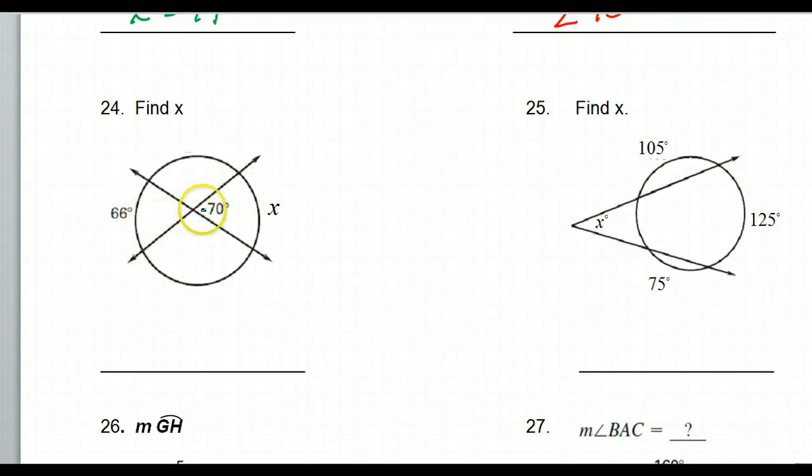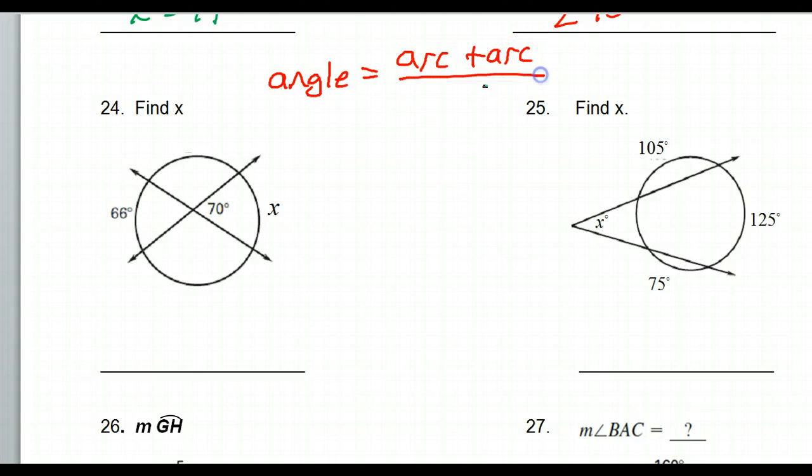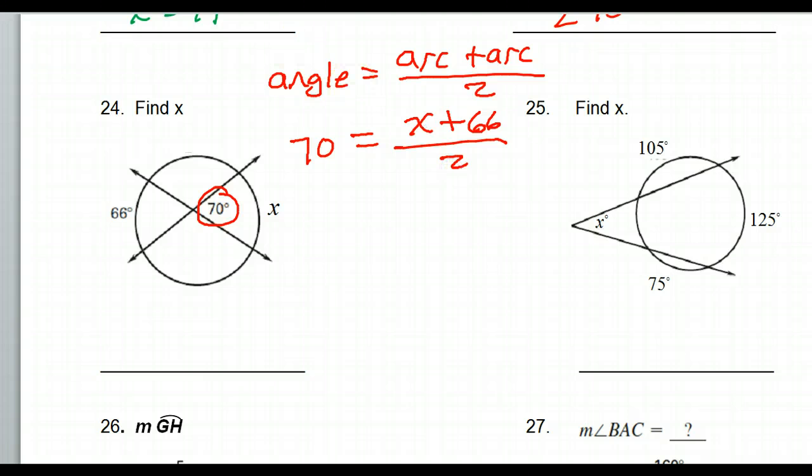Okay, the formula that applies here is like this. Angle equals arc plus arc divided by 2. But here the angle is the 70, so make sure you put your 70 out in front. And then arc plus arc, so that'll be x plus 66 divided by 2.